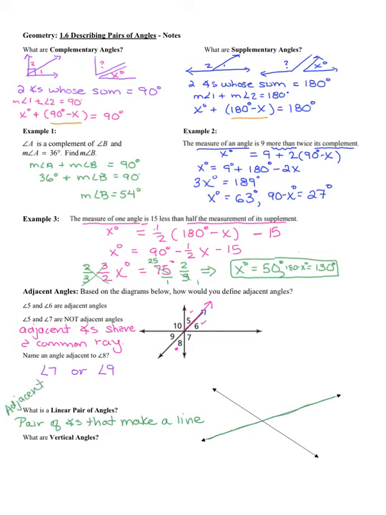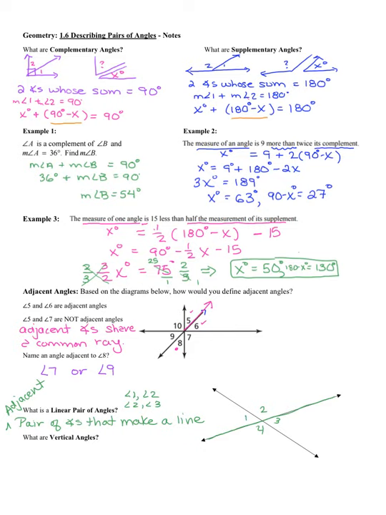So let me add that in here. Adjacent pair, because they need to be right next to each other. So for instance, in this diagram, I'm going to go ahead and label all these angles. An example of a linear pair would be like angle 1 and angle 2, or angle 2 and angle 3, and you could walk around angle 3 and 4, or 1 and 4.